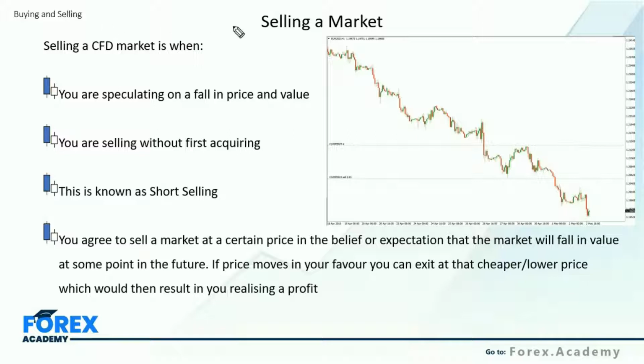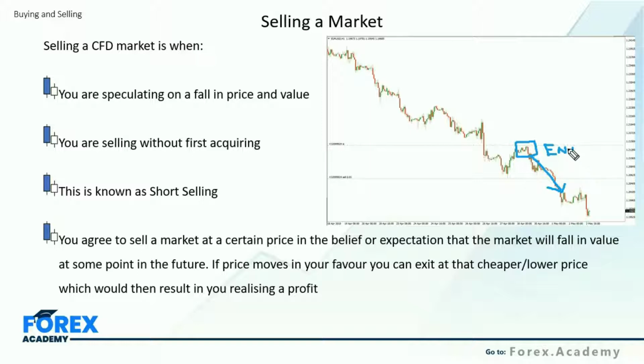what we'd be looking to do in this market is, let's say we do our analysis and we would like to sell this market at that level. So we get into that market in the expectation for price to move to the downside. This time we are getting in at this higher price in the expectation for prices to push lower.